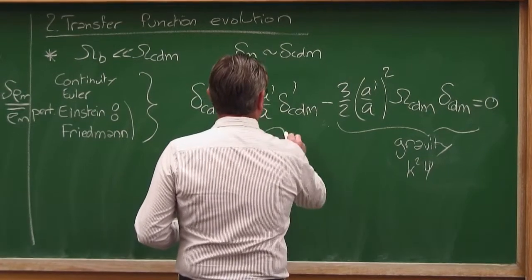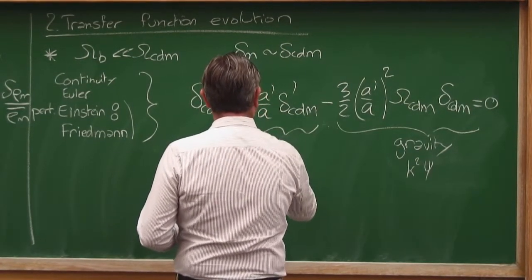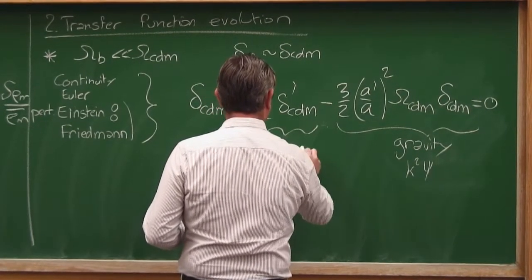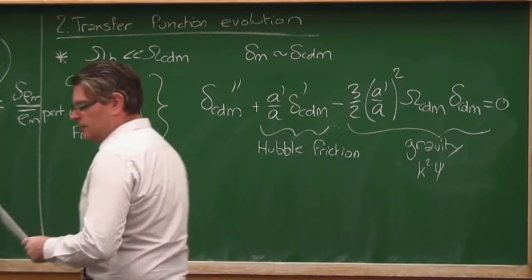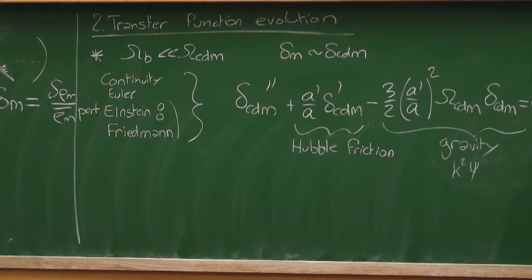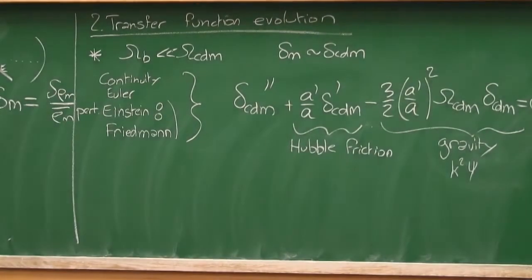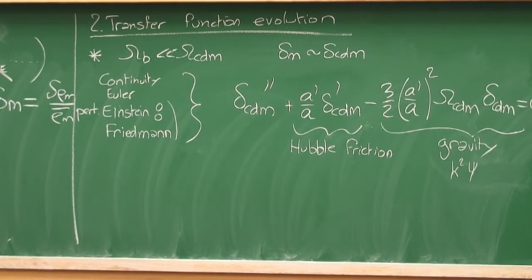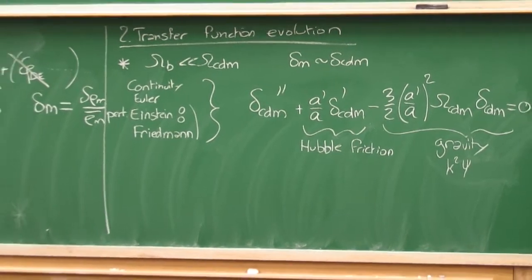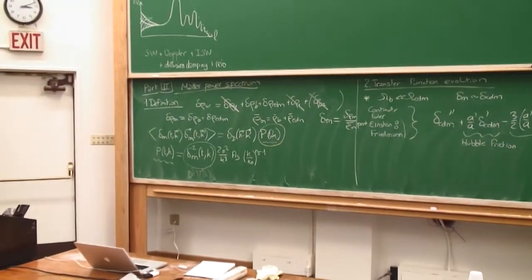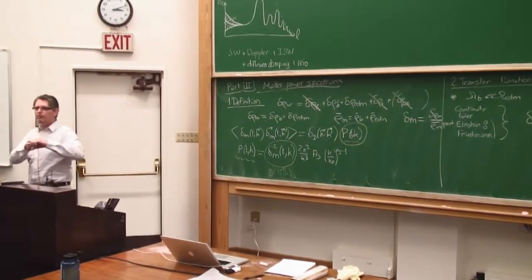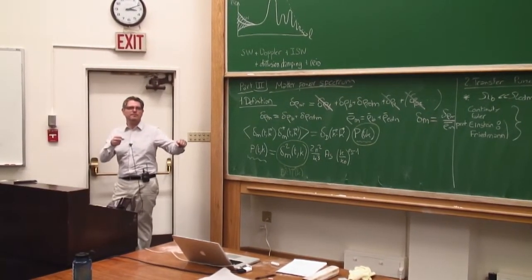This is the Hubble friction term. What does it represent? Do you expect that gravitational collapse would take place at the same rate in a static universe and in an expanding universe? You don't, because gravitational forces come from 1 over distance squared.